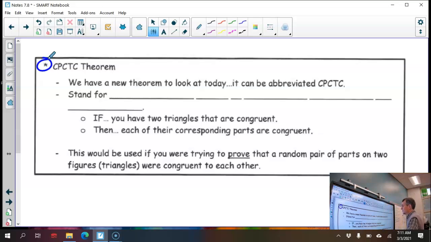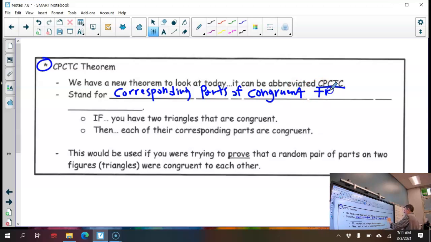So this theorem that we're going to look at today is abbreviated CPCTC, but that stands for corresponding parts of congruent triangles are congruent.